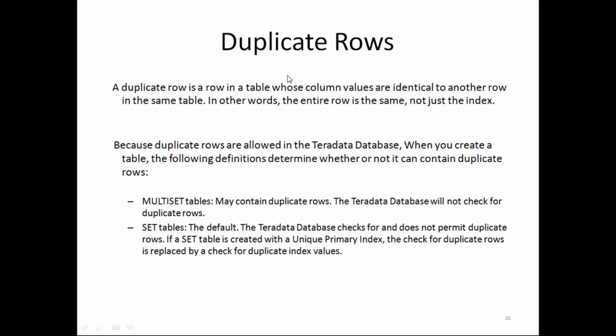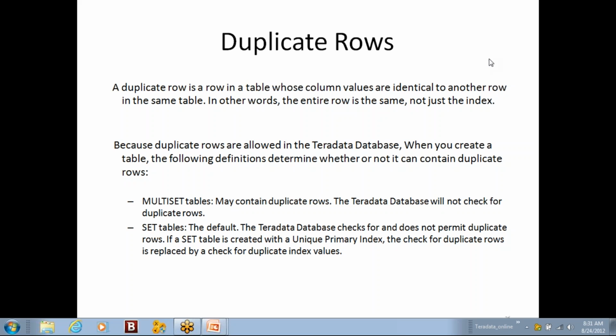Okay, so here there is a small concept of duplicate rows: how duplicate rows are treated in a Teradata table. We have two types of tables in Teradata. One type is called a multi-set table, which allows row-level duplicate values in the table.